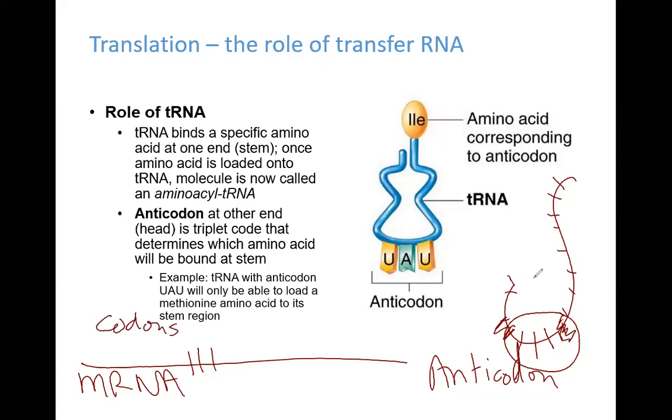So if your codon in the messenger RNA is, for example, cytosine, cytosine, cytosine, the anticodon on the transfer RNA, there's another one right there, the anticodon to this is going to be GGG. The anticodon is the complement of the codon.